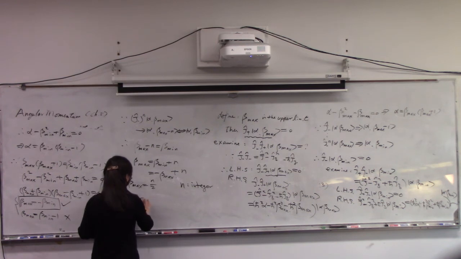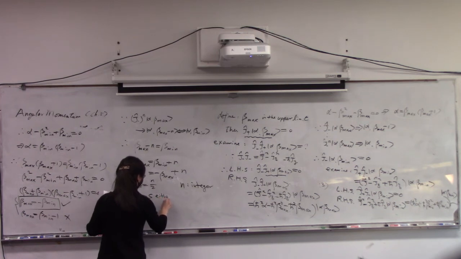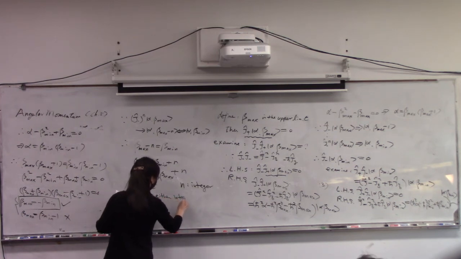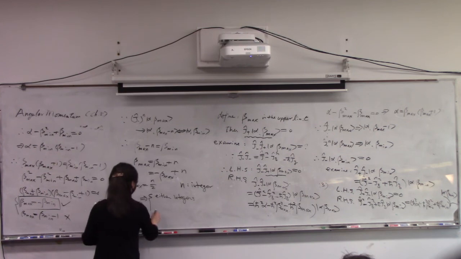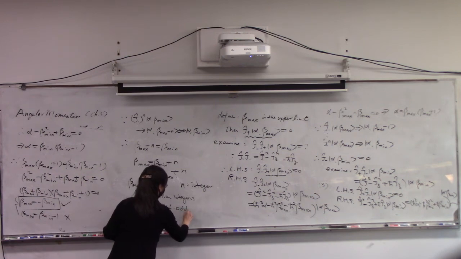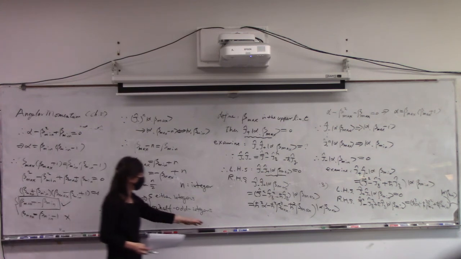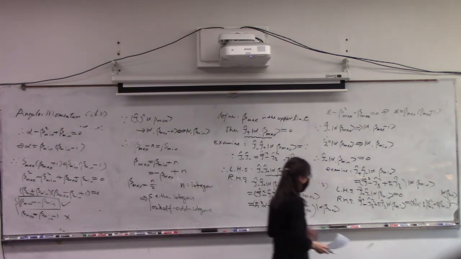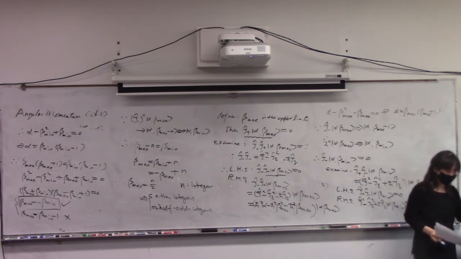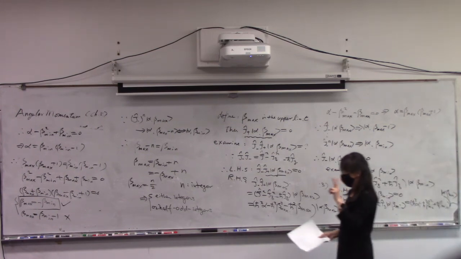That means this beta value is either an integer or a half-integer. Only two choices, no other choice. That is in nature: you will find we have only two types of spin, right?